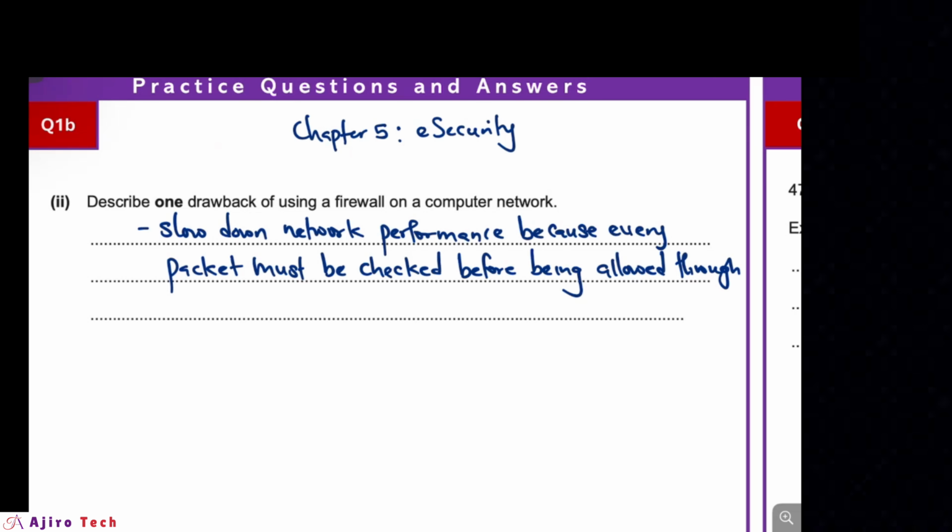That simply means the checking involves more processing and possible delay.